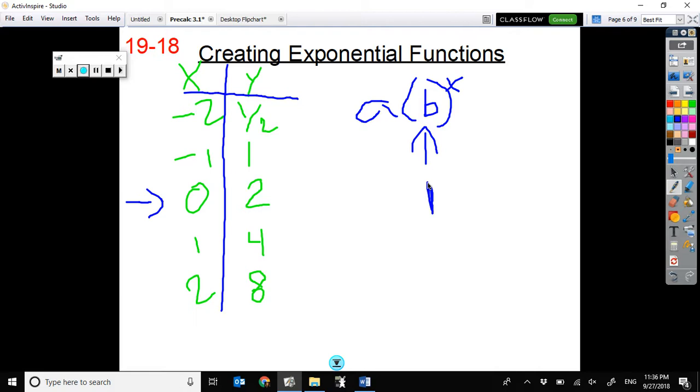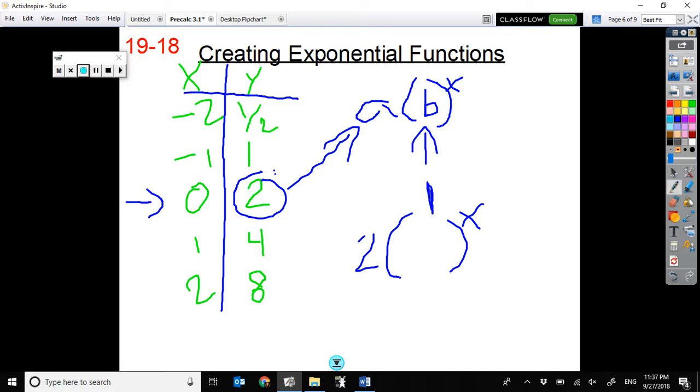So the fact that I have a 2 right here instead of a 1 tells me that I am multiplying 1 by a number and getting 2. So when x is 0, whatever that number is, that's my a. So I know that this is 2 times something to the x power.